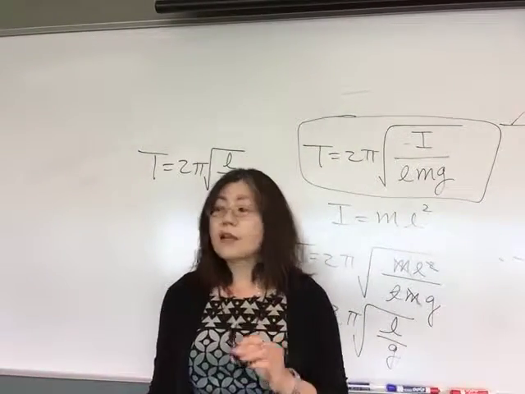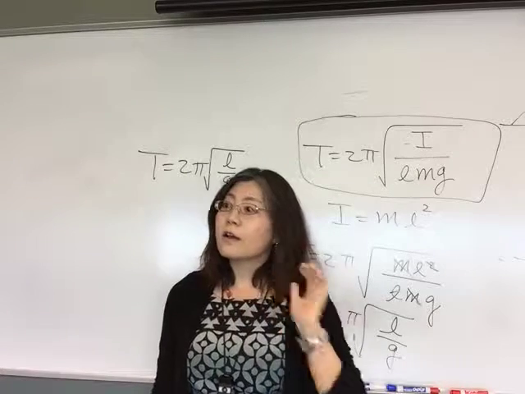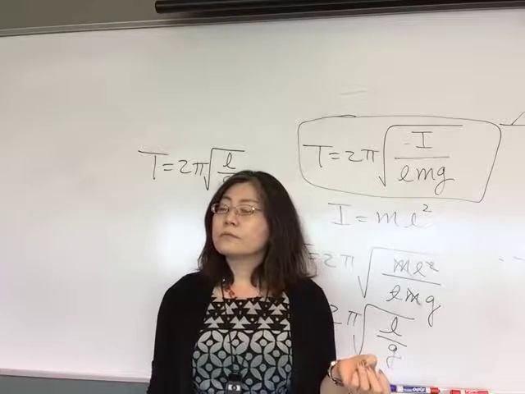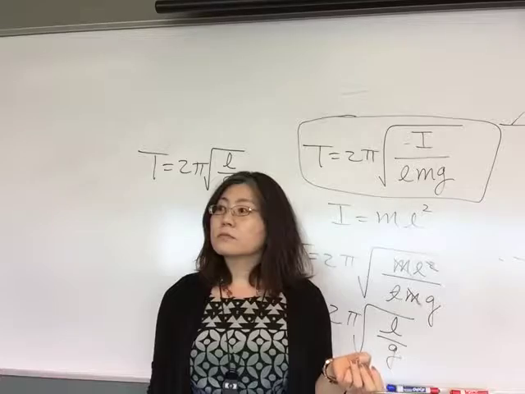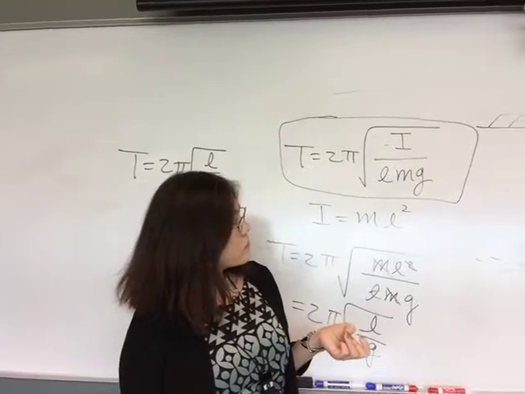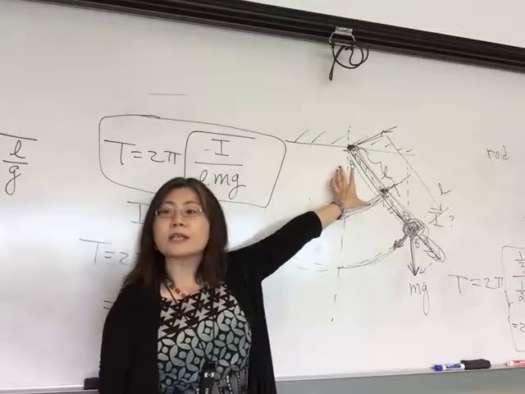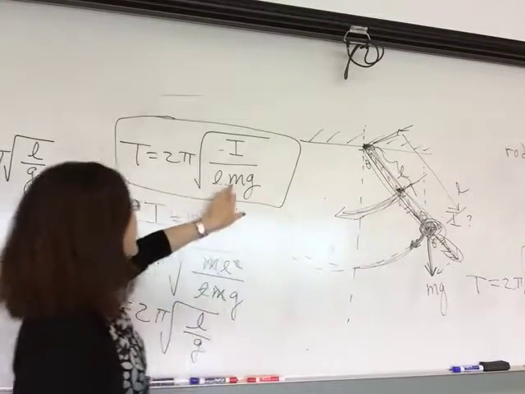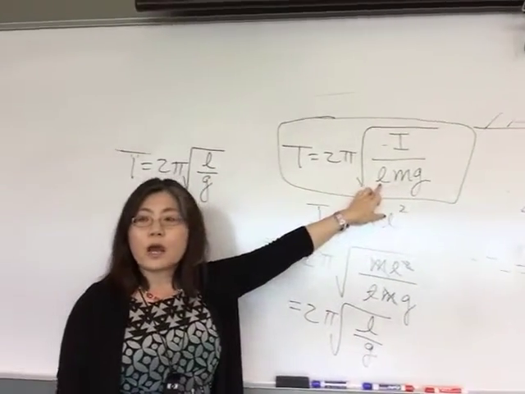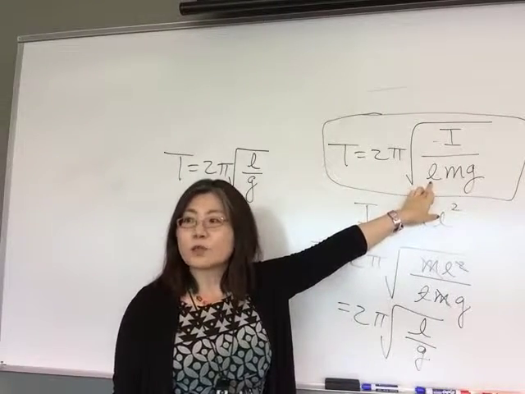Okay. Yes. Sorry, just to clarify, L isn't always going to be the full length. It's going to be from the pivot to the center of mass. Your L is from the rotation axis to the central mass. So yes, this L here will be from the rotation axis to the central mass.